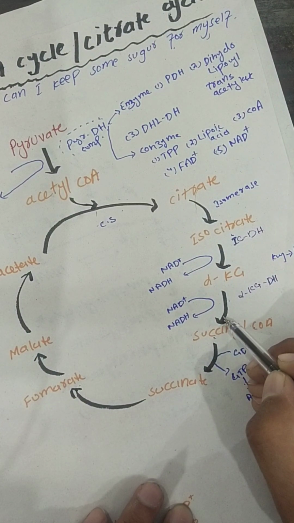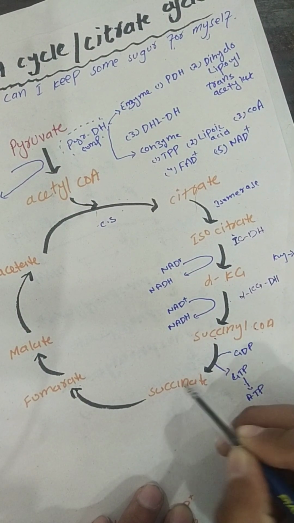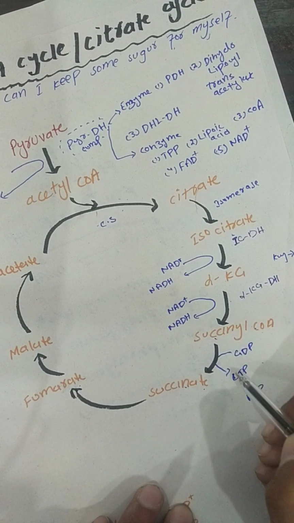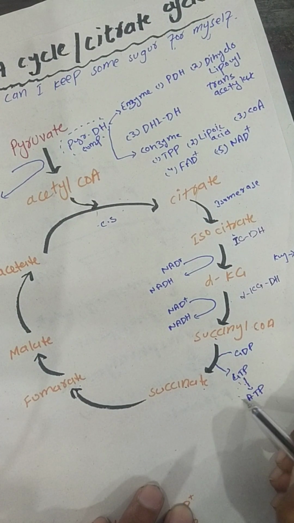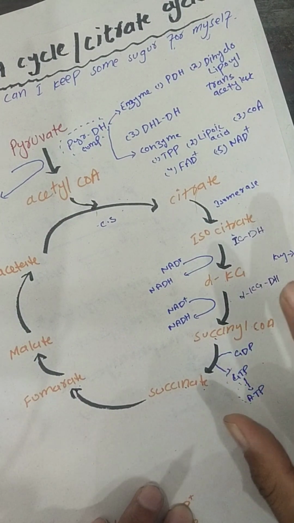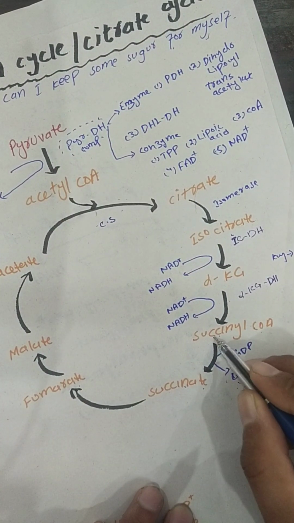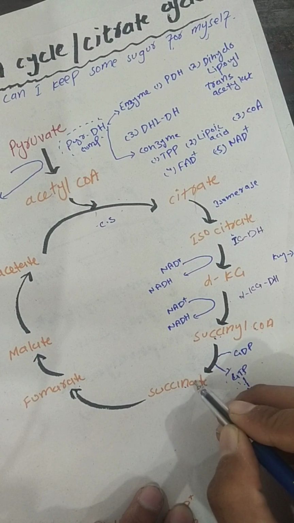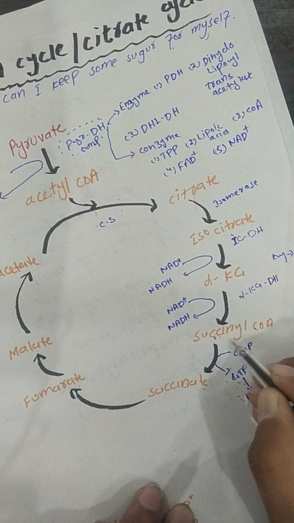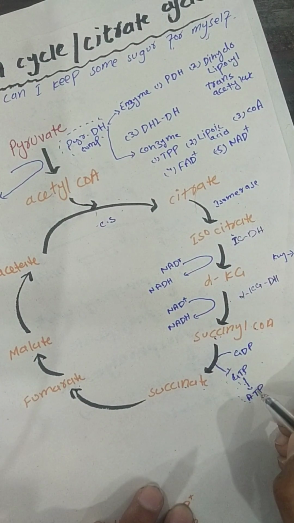And this reaction, in which succinyl CoA is converted into succinate, is very important because ATP is directly produced. ATP or GTP are the same thing, with very little difference. In any reaction where GTP or ATP is directly produced from a substrate, the reaction is called substrate level phosphorylation.